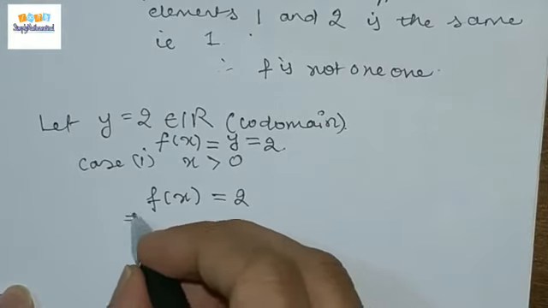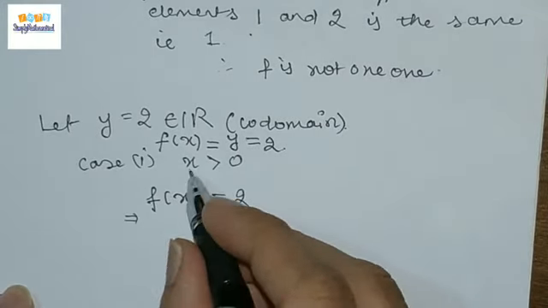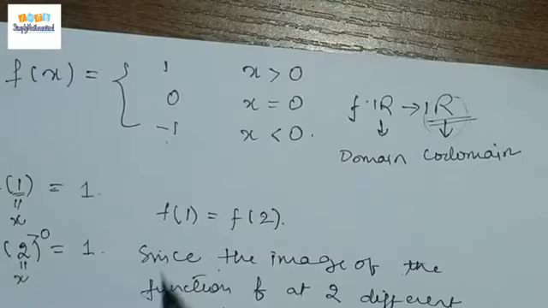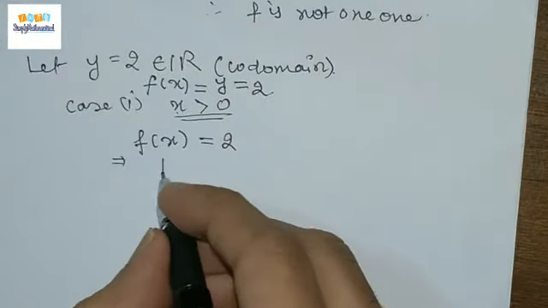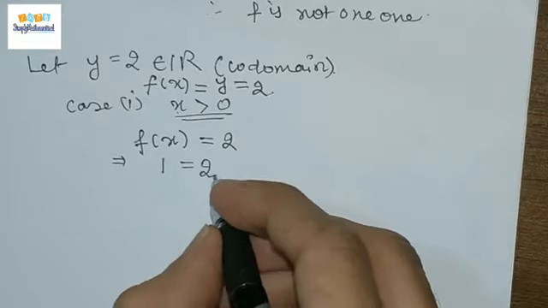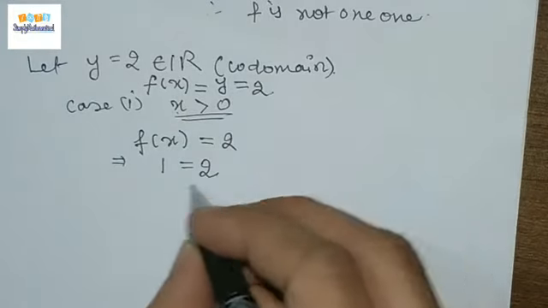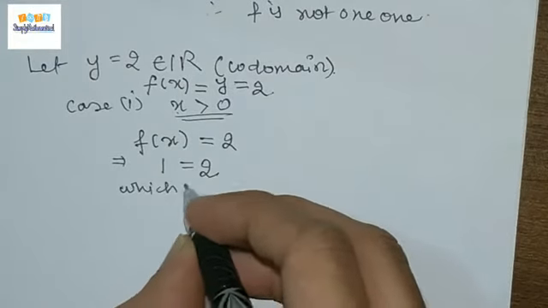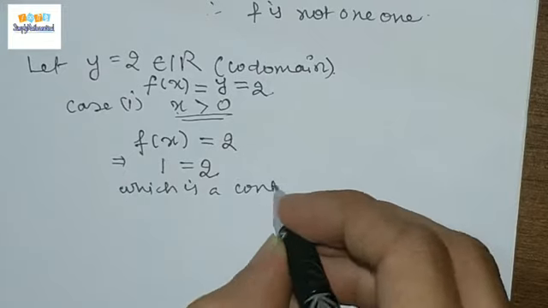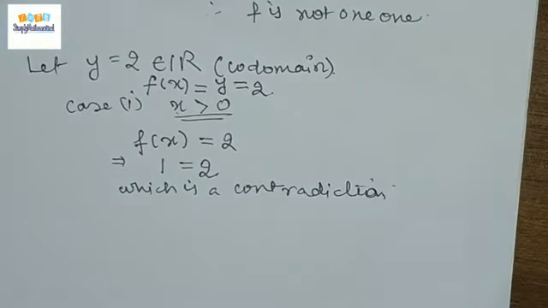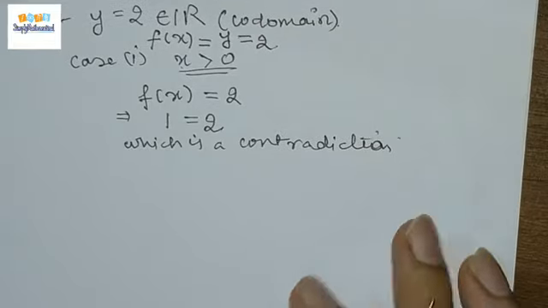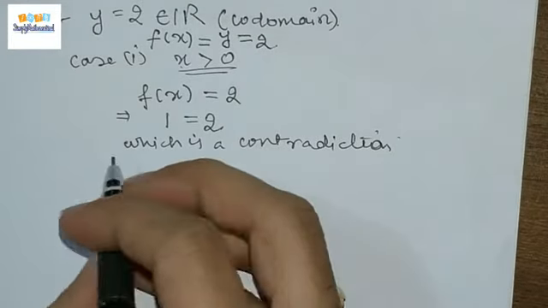That means, since x is greater than 0, the definition of the function there is 1. So f(x) is 1, which is equal to 2, which is a contradiction. 1 is equal to 2 can never happen.